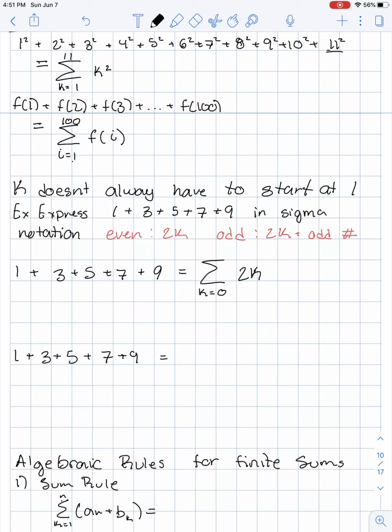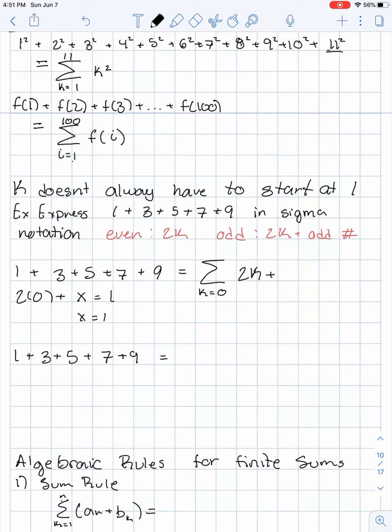So what I like to do is plug in k equals 0 first. So I know that 2 times 0 plus something needs to equal 1. Well, 0 plus x equals 1, so then x equals 1.